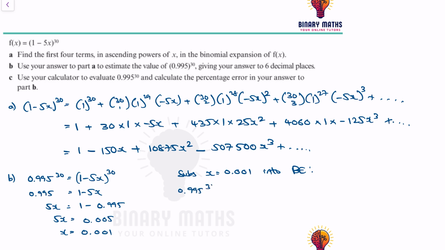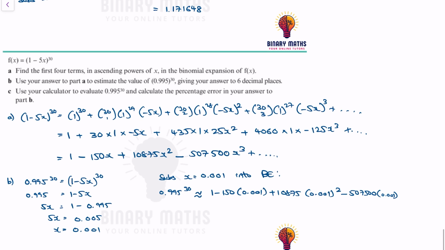0.995^30 is approximately equal to 1 minus 150 times 0.001 plus 10875 times 0.001 squared minus 507500 times 0.001 to the power of 3.